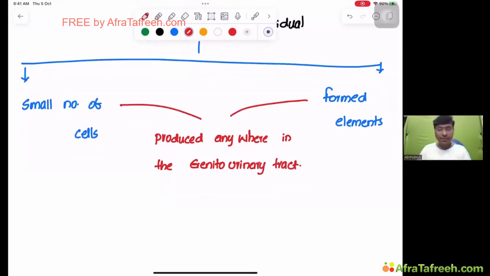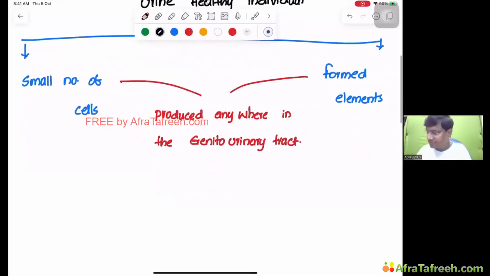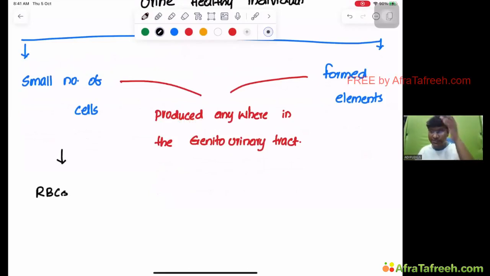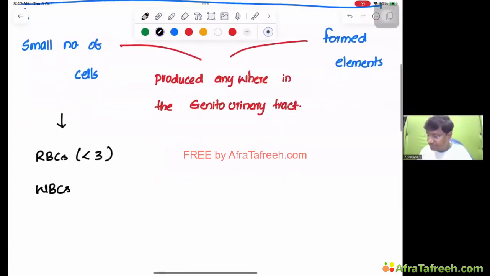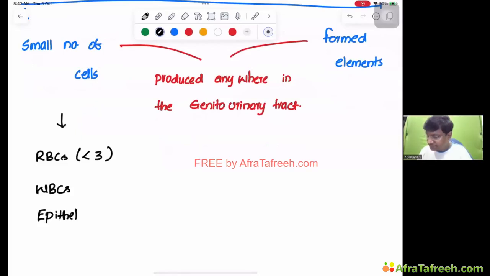Okay, now what does this small number of cells contain? Like, what will be the cellular elements? The cellular elements could be RBCs, right? So how many RBCs? Less than 3 RBCs, if they are present, are considered to be normal. There can be few WBCs and few epithelial cells.